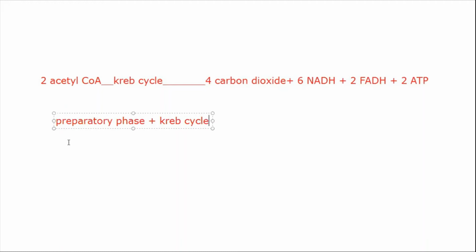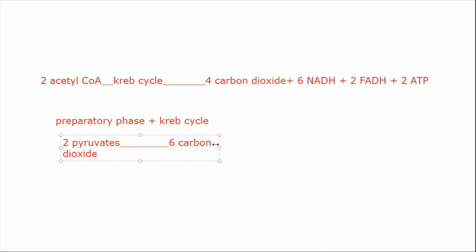Here we can just write, we start with 2 pyruvates. It will just release 6 CO2, 6 carbon dioxide.